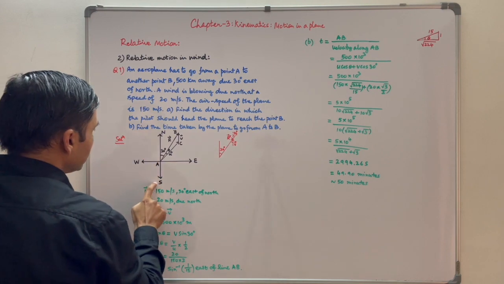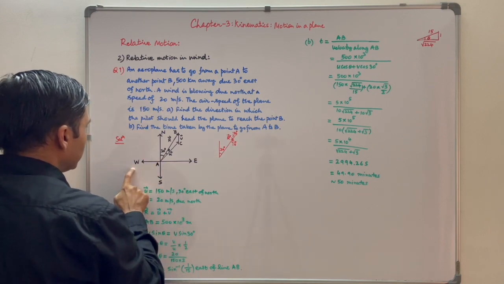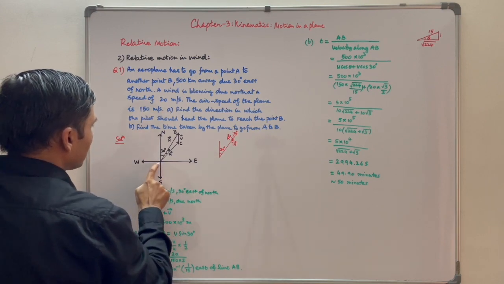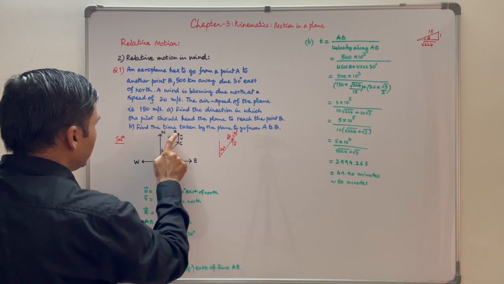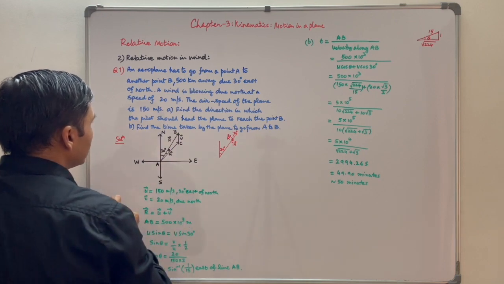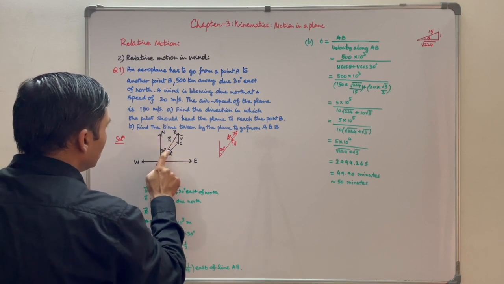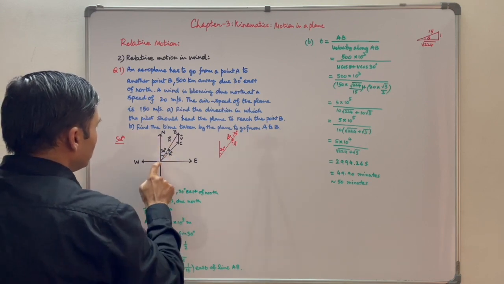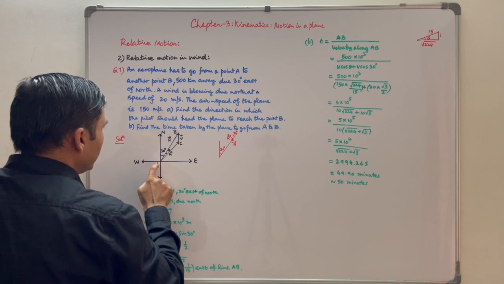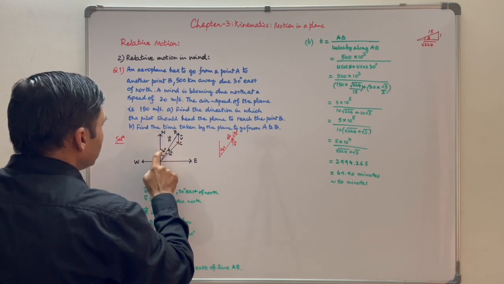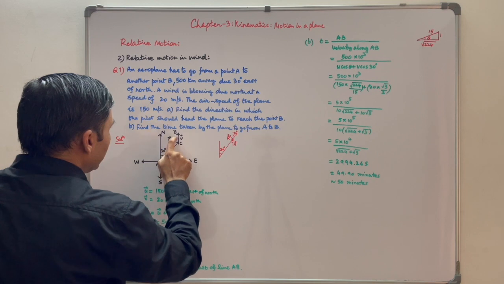This is north, this is south, this is east, and this is west. A plane has to start from point A and reach point B, which is 500 kilometers away. Line AB makes 30 degree with north towards east. Suppose pilot starts flying in AC direction, which is theta degree from line AB.